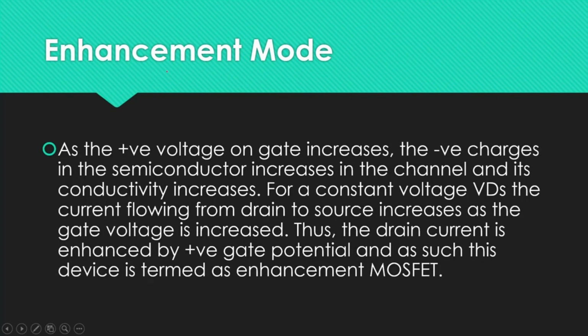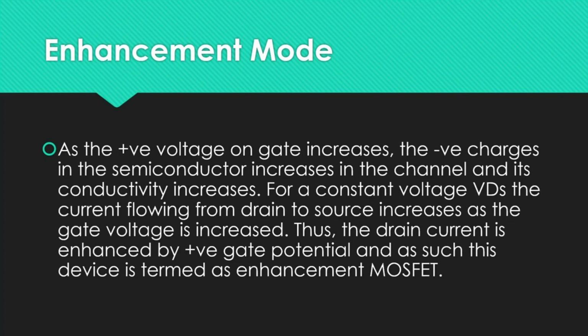MOSFET has two types. First is Enhancement Mode MOSFET and second is Depletion Mode MOSFET. First we discuss Enhancement Mode MOSFET. In this, as the positive voltage on the gate increases, the conductivity between drain and source increases.